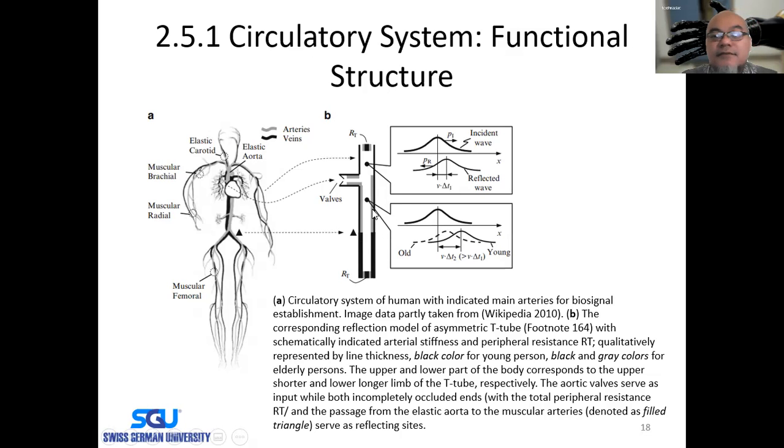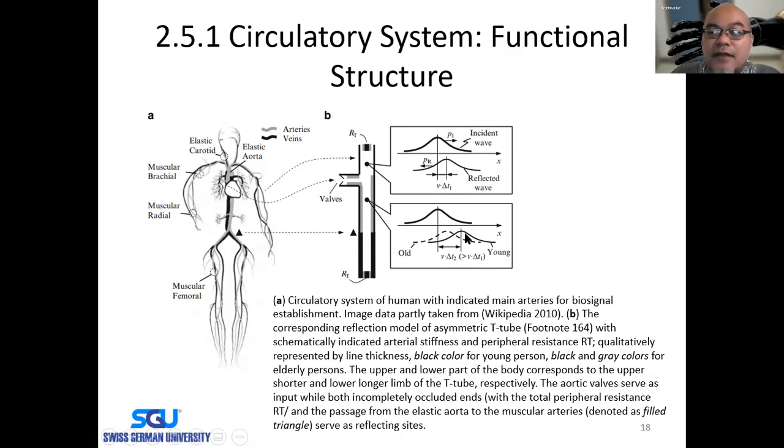So here we will have the incident wave and the reflective wave. In the young, it is still like this, because there is the volume. Young people like you can pump more volume of blood.